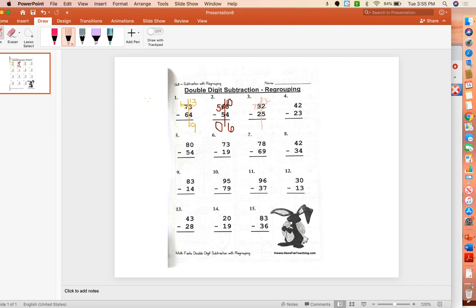And if I have 12 ones minus 5 ones, 12 minus 5. I hope you know that one. I hope you said 7, because if you did, you are correct. And then we have to do the tens place. 7 minus 2 is 5. So our answer is 57.